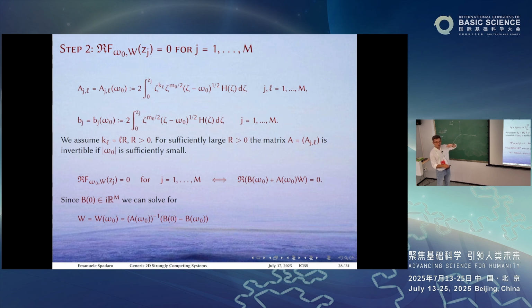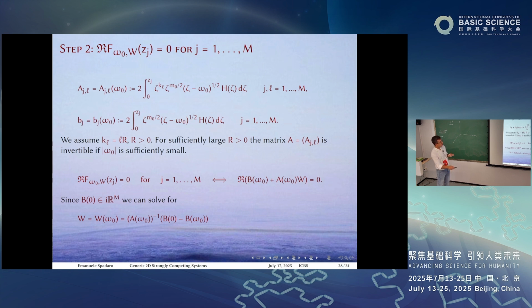We can study this oscillating integral, and we discover that for very large R, and for this choice of the polynomial, the matrix A is invertible when omega 0 is sufficiently small in modulus.